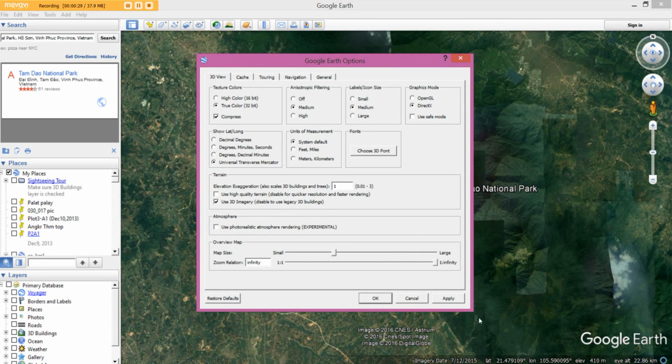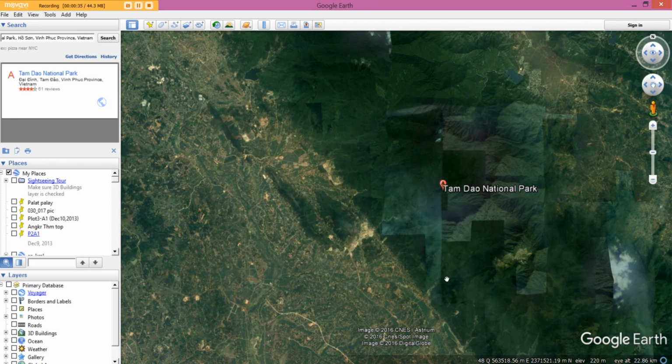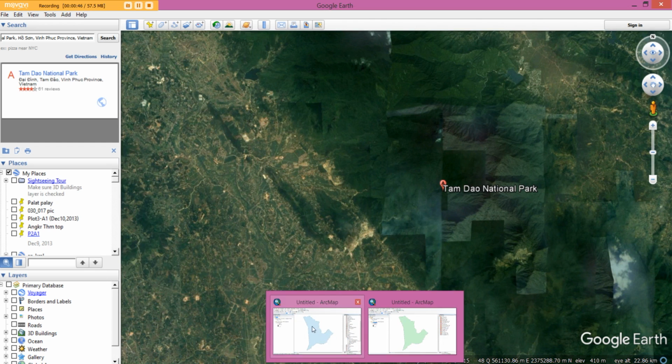And as you recall, this is a projected system and it has linear units. So there you are. And of course, there are different coordinate systems as well apart from these two, but these are the reference systems that we are going to work with.